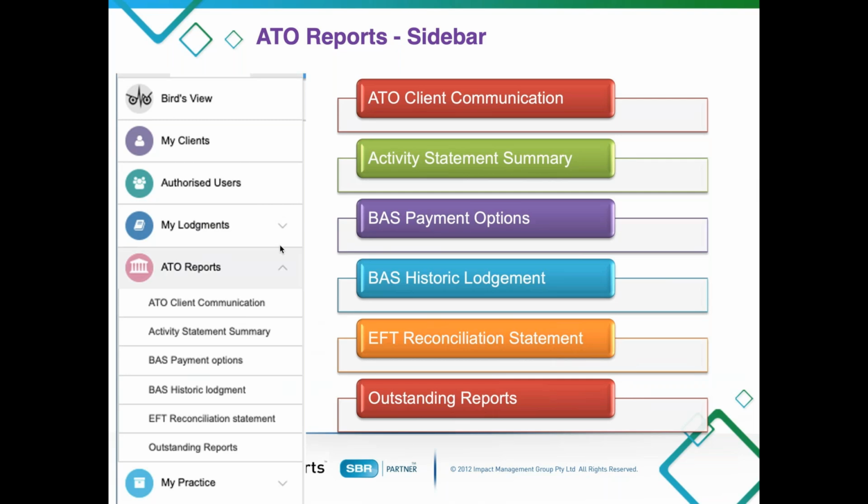We're going to look at ATO client communication, the activity statement summary, which is really great when I've been looking at it, your BAS payment options, and your BAS historical lodgement, which you've seen before. That's not new, that's just where they are now. Your EFT reconciliation statement is where you can go in as well, if you don't do it from that ATO Insights page, and outstanding reports.